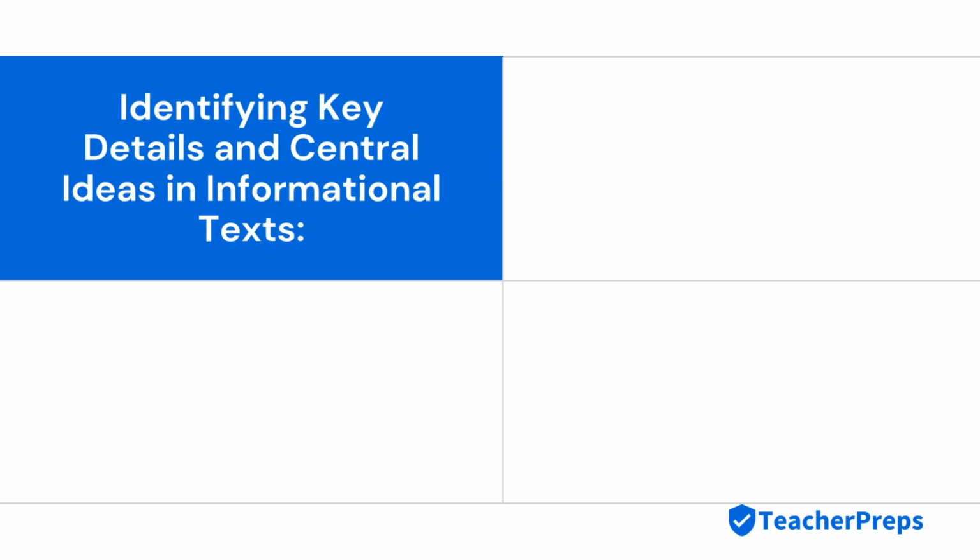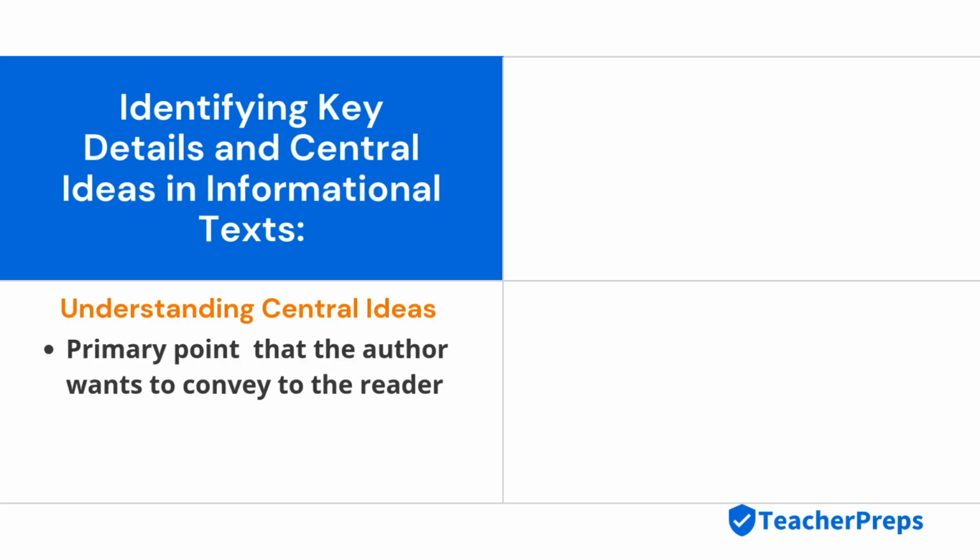Now, let's discuss how to identify key details and central ideas in informational texts in case you receive a question on this topic for your exam. The central idea of an informational text is the primary point or concept that the author wants to convey to the reader. Remember, this is the main passage around which the entire text is structured.